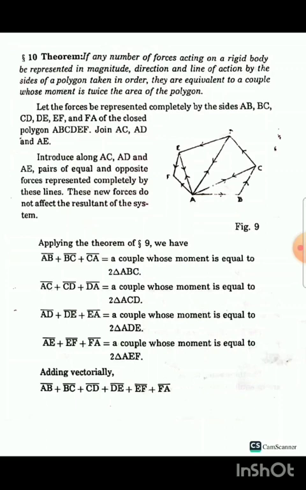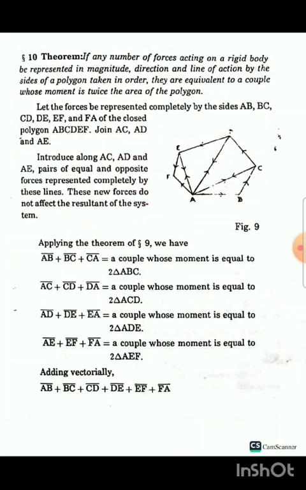Now we introduce along AC, AD and AE pairs of equal and opposite forces represented completely by these lines. These new forces do not affect the resultant of the system.